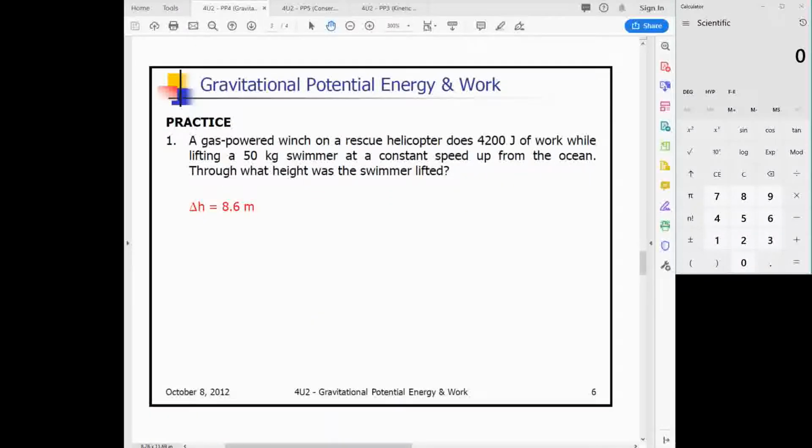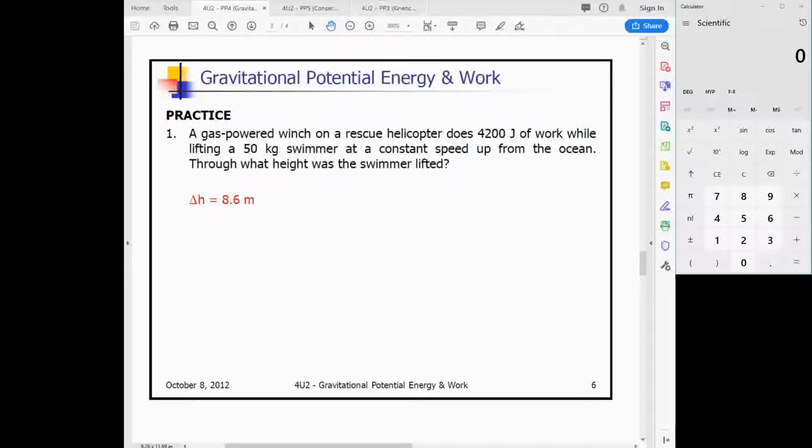So let's look at a quick little problem here. If we have a gas-powered winch on a rescue helicopter, and that winch does 4,200 joules of work while lifting a 50-kilogram swimmer at a constant speed up from the ocean, what height was the swimmer lifted? So if we can imagine this as work equals mgh, our work is 4,200, and we have to solve for h.